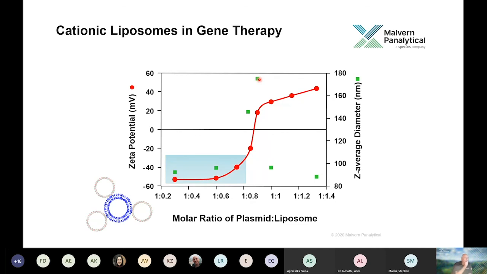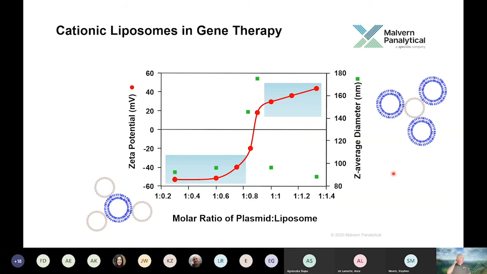So what we can visualize here is that while the complex is negatively charged, we've got liposomes surrounded by DNA. But when we go to the other side of this, we've got a situation where the DNA might be surrounded by liposomes. Okay, so this information tells researchers the ratio of plasmid to liposome they require to obtain a slightly positive complex.